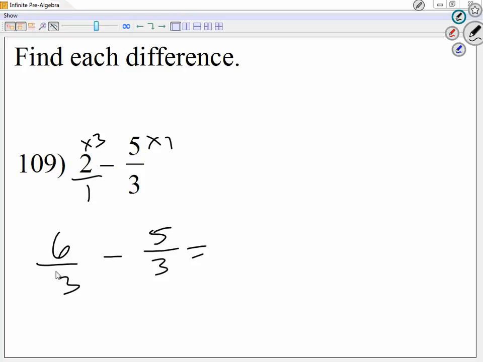Now that I have a common denominator, copy it. And on the top, 6 minus 5 is 1. Big numbers at the bottom, it's simplified. So I just call this 1 over 3.